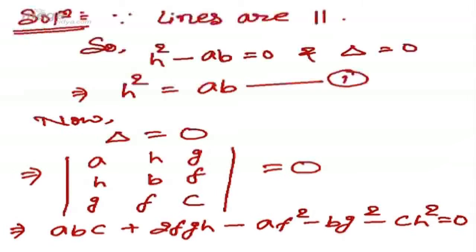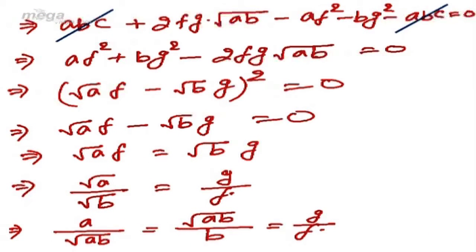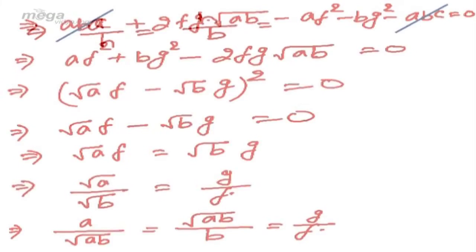Now from the first equation h square is equal to ab, so we can substitute here h square, and we can substitute here h square, and then square root of h square is h, square root of h square is h. Hence from first you can write here a upon h equal to h upon b equal to g upon f.